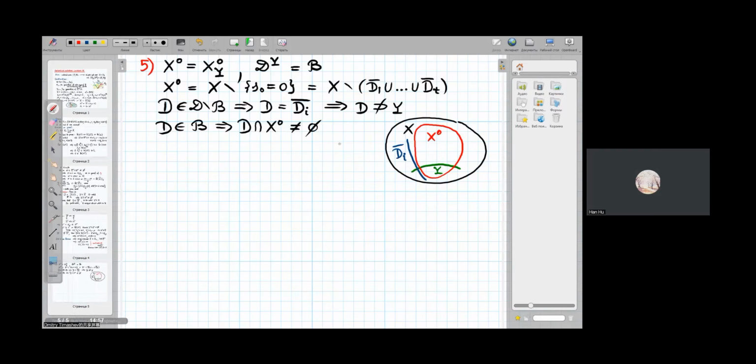And I claim that in this case, D should contain Y. If not, if you have some D here which intersects X naught but does not contain Y, like in the picture, so if D does not contain Y, then again there exists a function which is regular on X naught, which vanishes identically on D, and which does not vanish identically on Y.